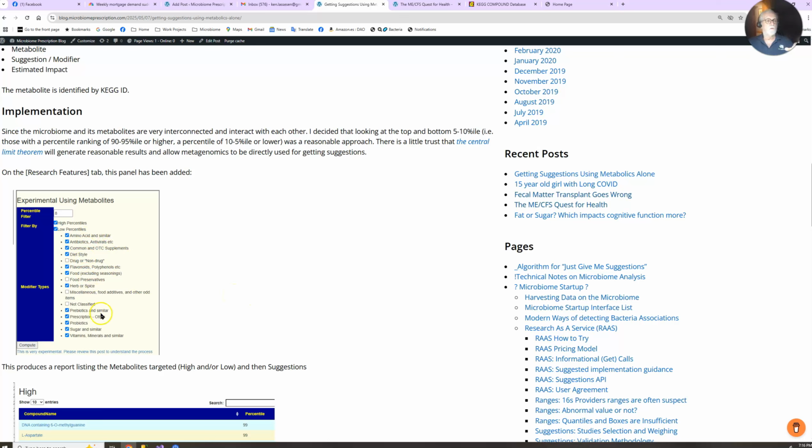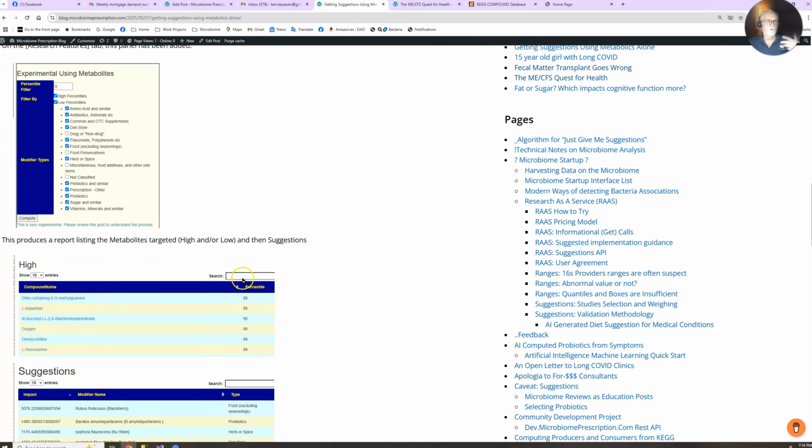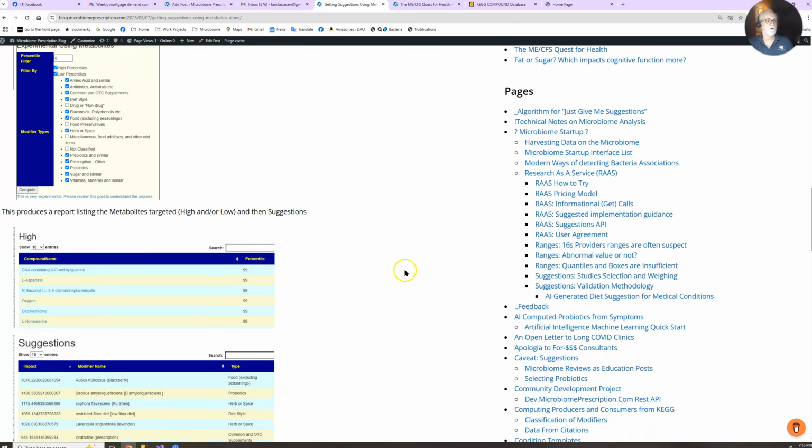Then you can go down and pick what type of modifiers you want, which is my usual way. Some people like certain things; some people do not want antibiotics or antivirals. Other people just prefer probiotics and prebiotics, etc. So you pick that, you pick your sample, you click give me suggestions, and you wait a little while because it has a bunch of calculations to do.